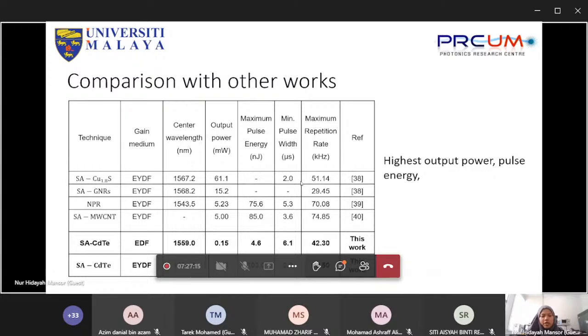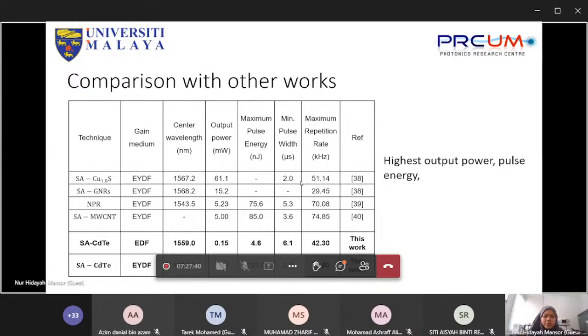So we notice that our work has the largest output power and maximum pulse energy with the maximum repetition rate. This means that the double-clad erbium-ytterbium doped fiber is quite promising for power scaling.